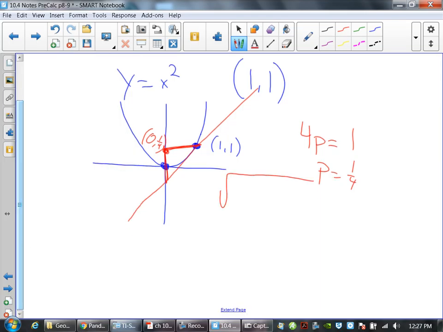Square root, change in x, 1 minus 0, quantity squared, plus the change in y, 1 minus 1/4, quantity squared. I get 1 minus 3/4 quantity squared.